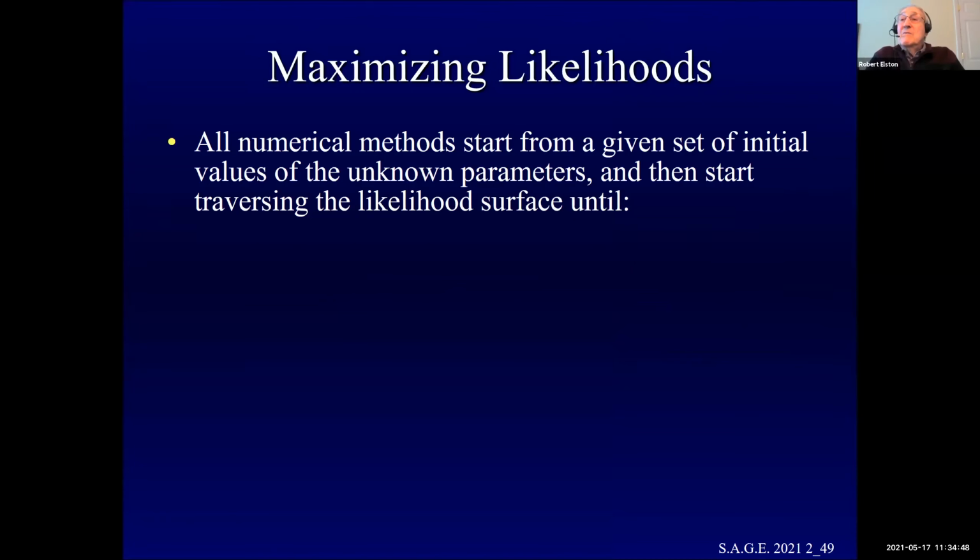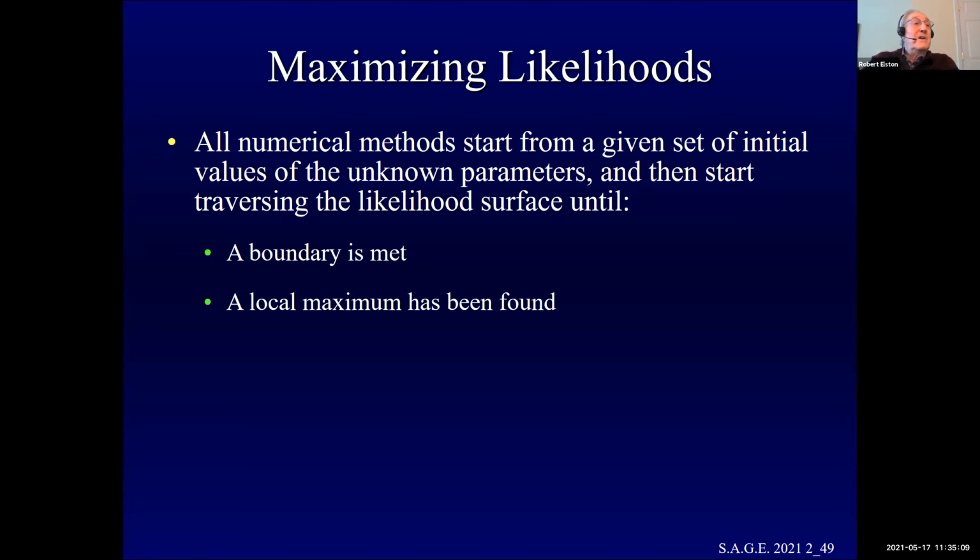All numerical methods start from a given set of initial values, and then we start traversing the likelihood surface in different directions until either we meet a boundary, or a local maximum has been found, or numerical difficulties are encountered.